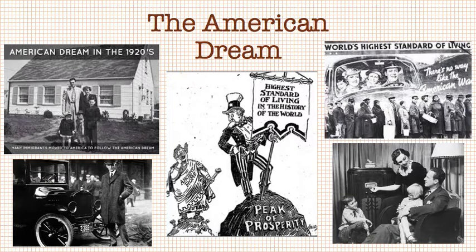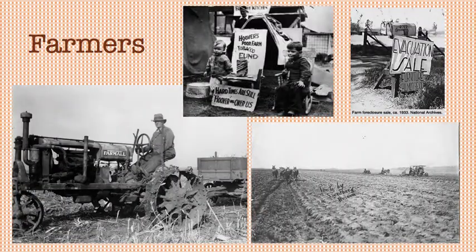Farmers were also suffering. After the war ended, subsidies were taken away. And since farmers had expanded their farms during the war to produce more food for soldiers, they were often left in debt.